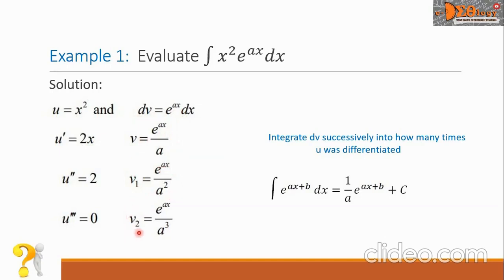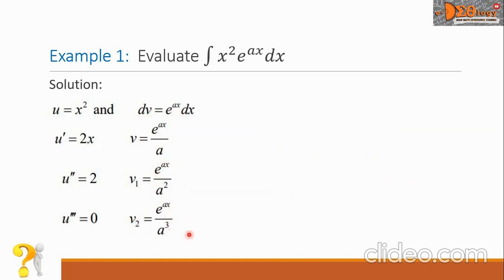The v sub 2 here is the integral of v sub 1. The integral of e raised to ax over a square is now e raised to ax over a cube. Now let us proceed to our Bernoulli's form formula.